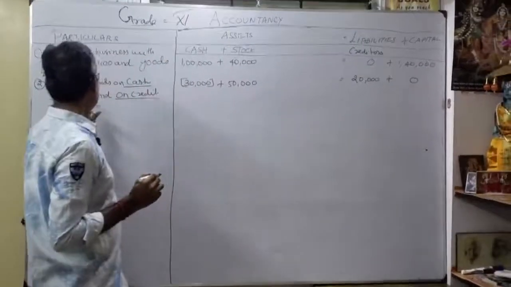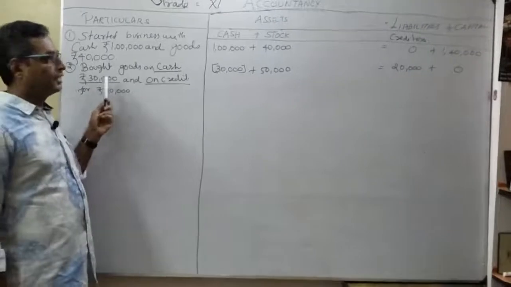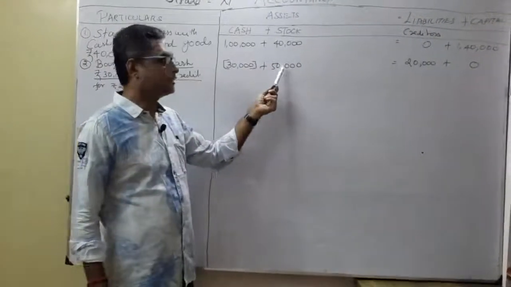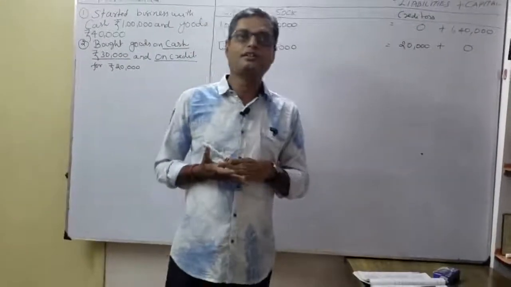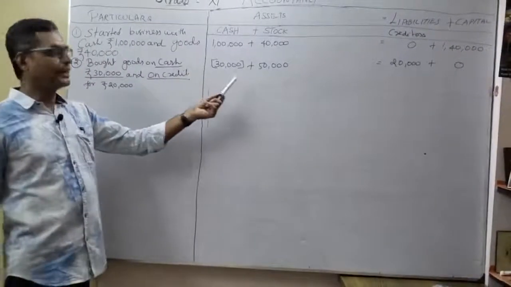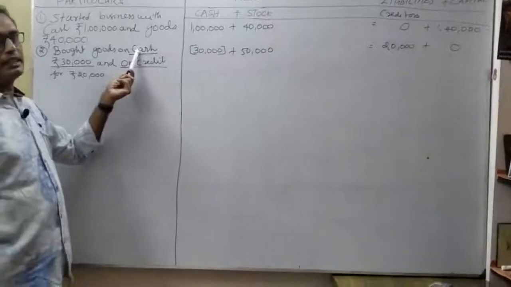So that's bought goods on cash 30,000 and on credit 20,000. Here the stock is 50,000, but we did not purchase the entire stock on cash. Some part of the stock is cash, and the balance part is credit. That's why there are two transactions, one cash and one credit.